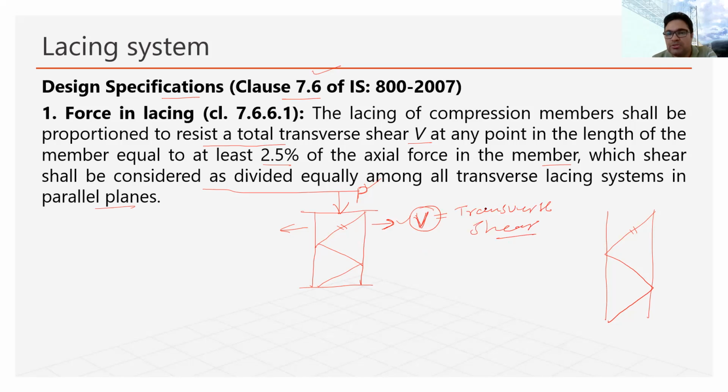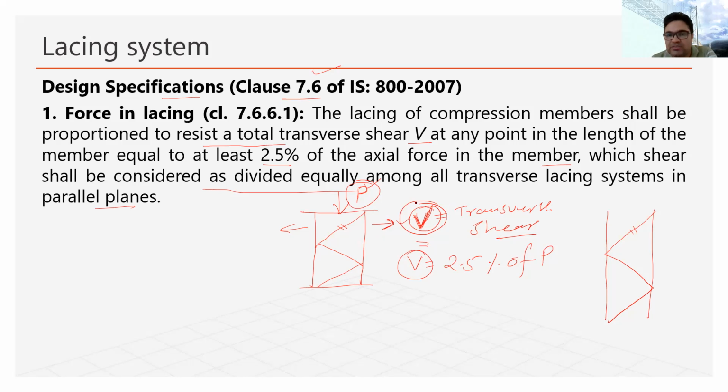In the IS code, it is mentioned that V is equal to 2.5% of P, which is this one. The P value will be given already in the question. So 2.5% of P is V. Now, this lacing bar will be resisting this transverse shear.